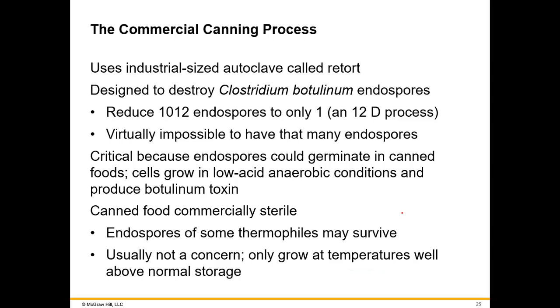Okay, well, let's go to the commercial canning process. And these commercial operations to prepare this kind of food, they use a huge autoclave called a retort. And the food, the cans actually go into this autoclave through a conveyor belt.